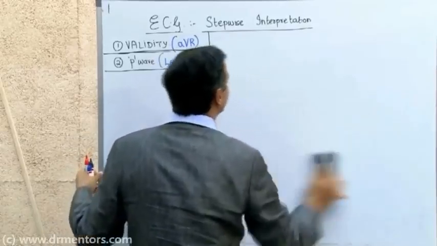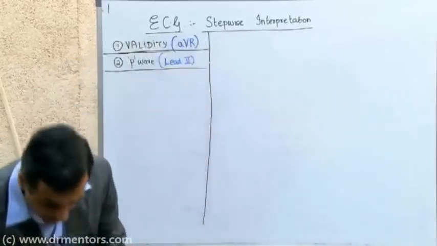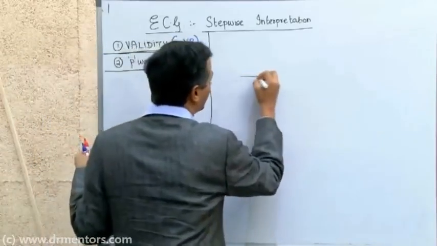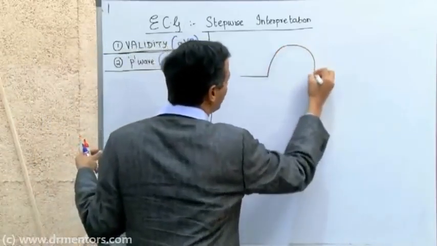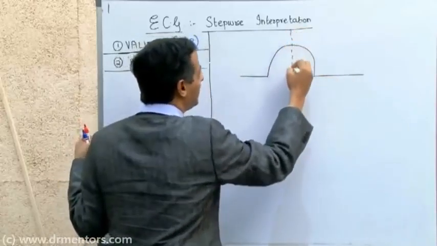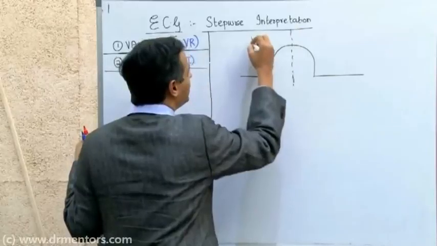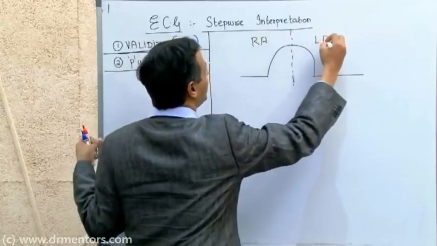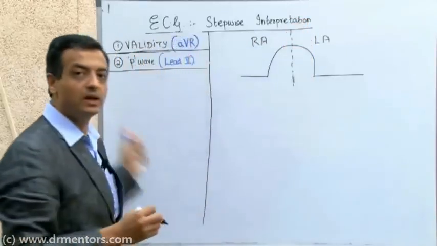Normal P wave in lead 2, how should it look? Let me magnify this P wave for you. The first part of the P wave represents the right atrial contraction. The second part is the left atrial contraction.